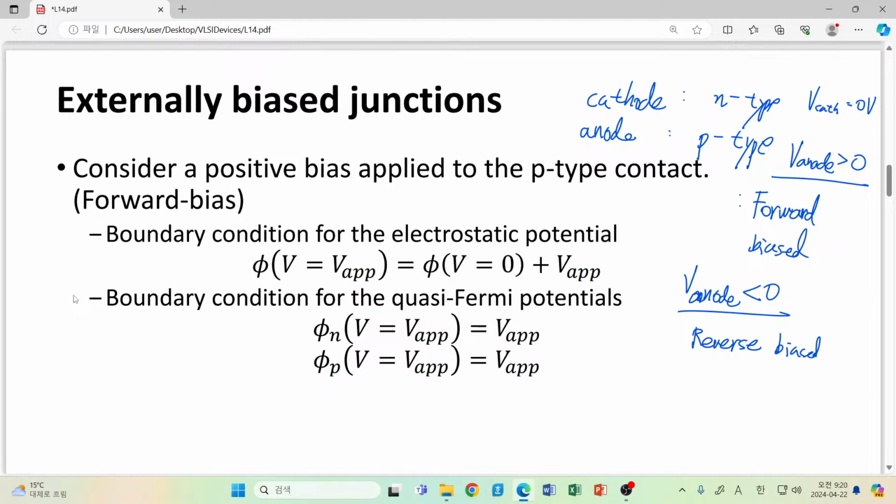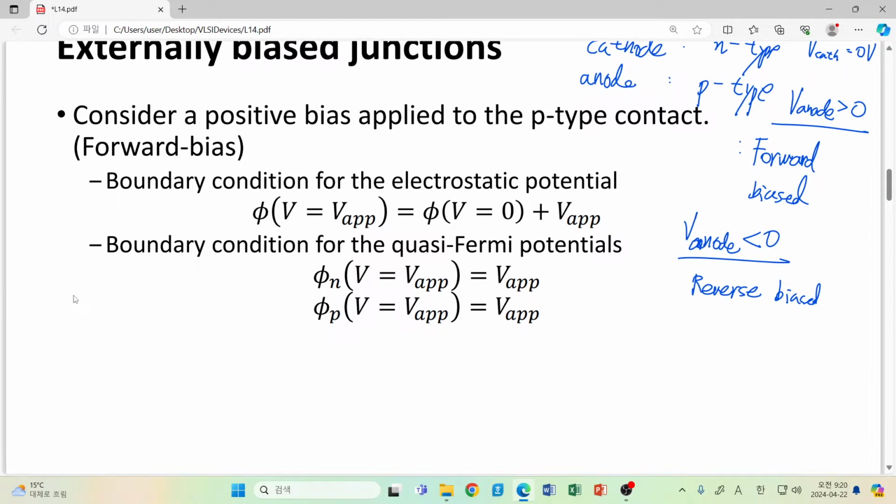Of course, this can also be the case: for example, you have applied a cathode voltage of positive 0.5 volt, and your anode is just grounded. Then is this junction in its forward mode or reverse mode?